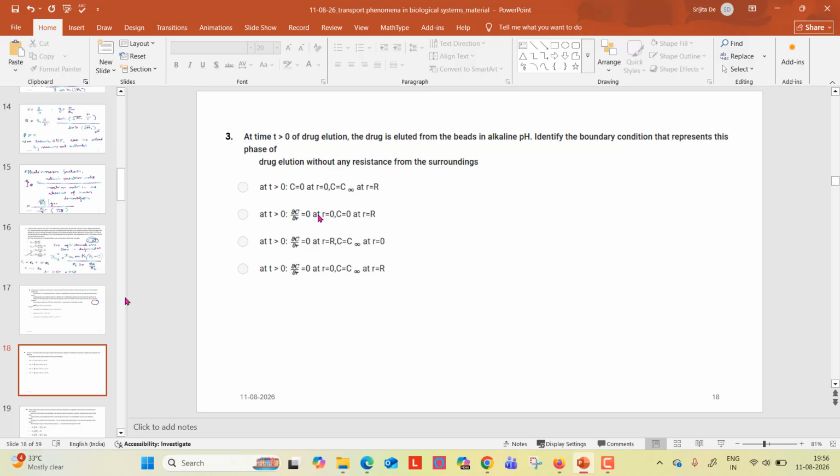So, initially it is said that it is spherical, right?